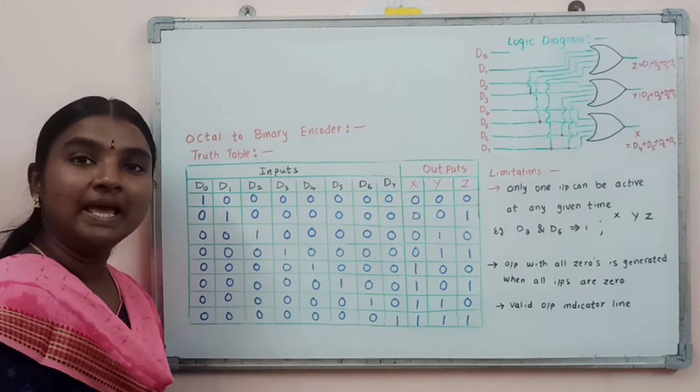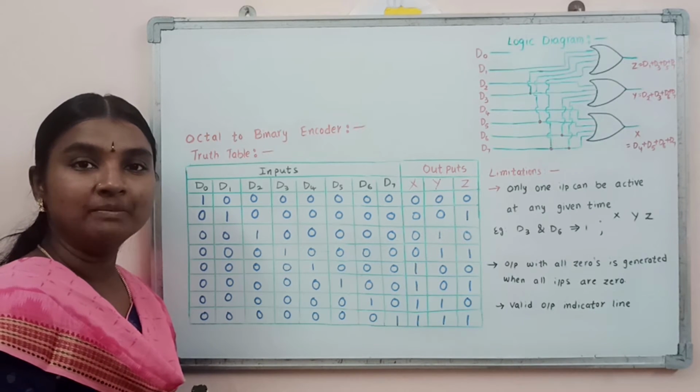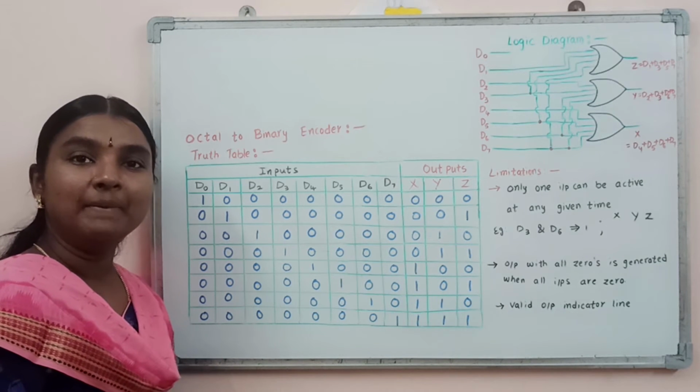For example, if two inputs are equal to 1 at a time, this encoder circuit is not able to generate the correct binary code.